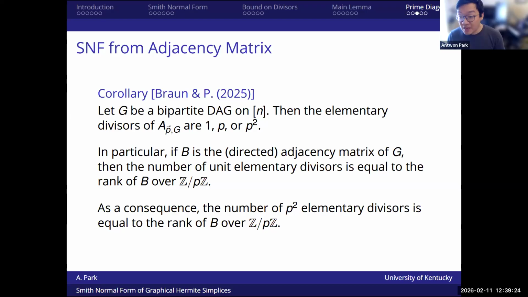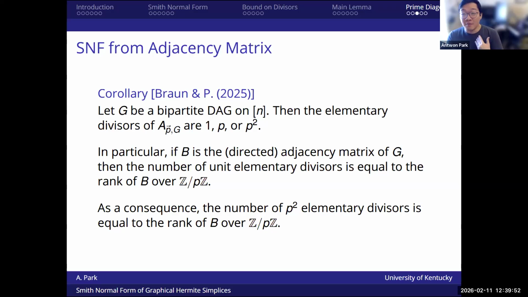So the number of p squared elementary divisors is also equal to that rank. This is nice because it gives you a way to compute the Smith normal form without ever having to consider what P is. Just based on the information of the graph, you can fully determine your Smith normal form.